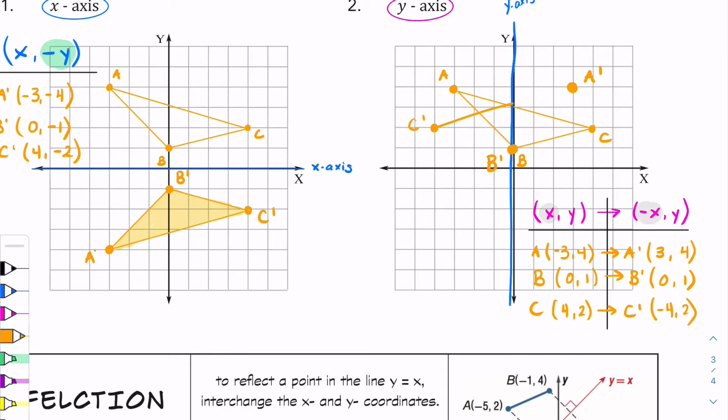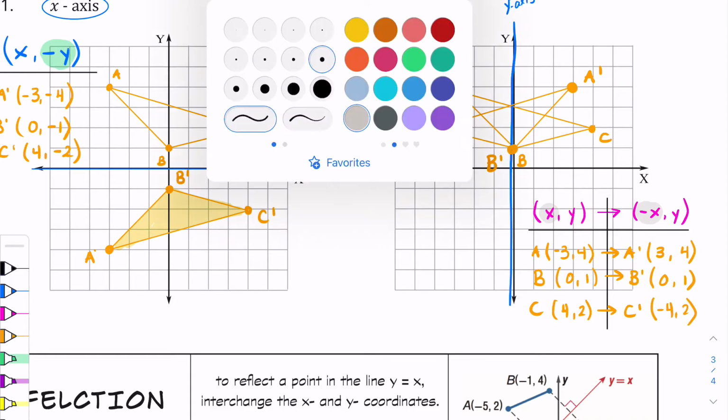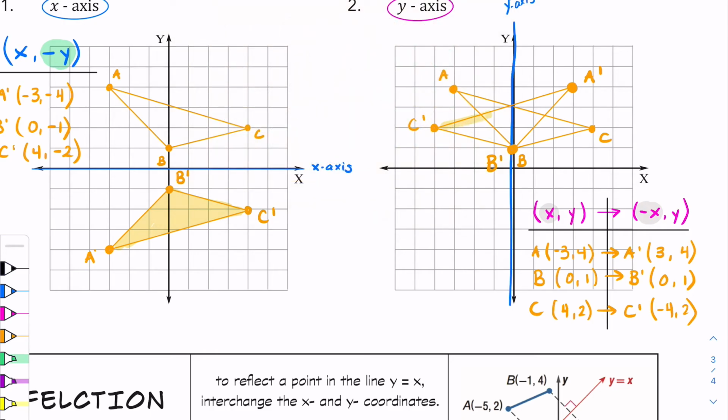I now have to connect my A prime, B prime, and C prime. Be very careful. I use the same color here. I probably should have broken those up, but I'll highlight my final answer for the reflection image A prime, B prime, C prime.